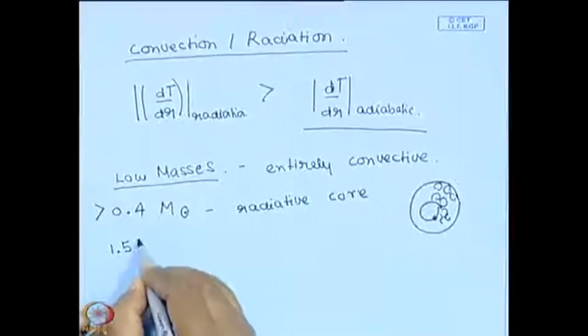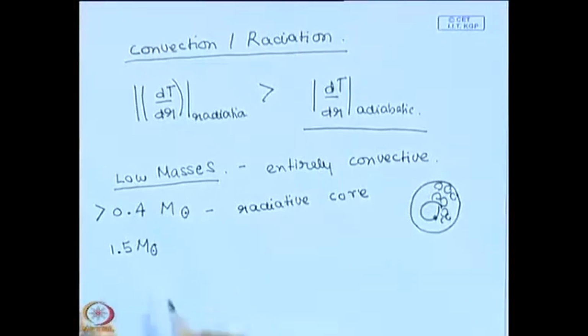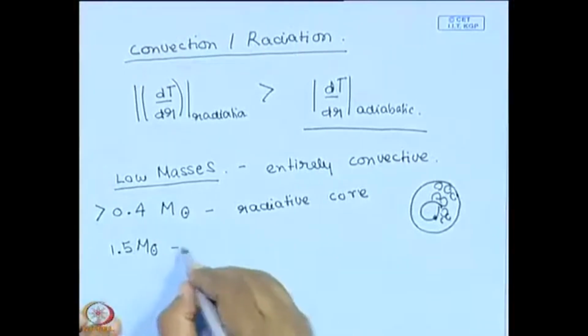Okay. When you reach 1.5 solar masses, the energy transport is entirely radiative.